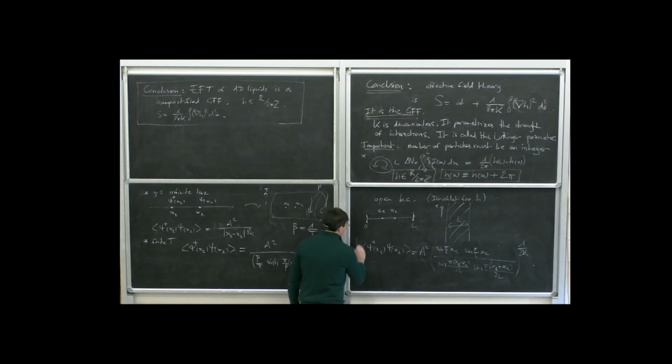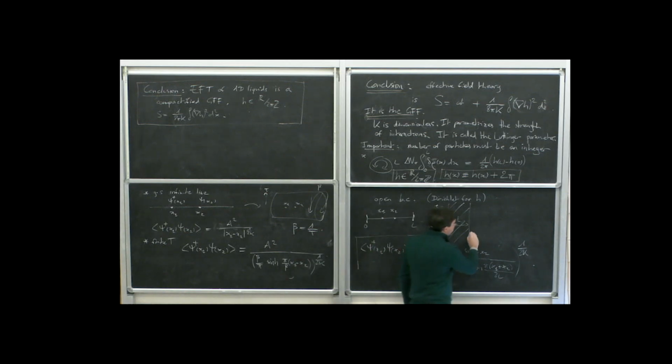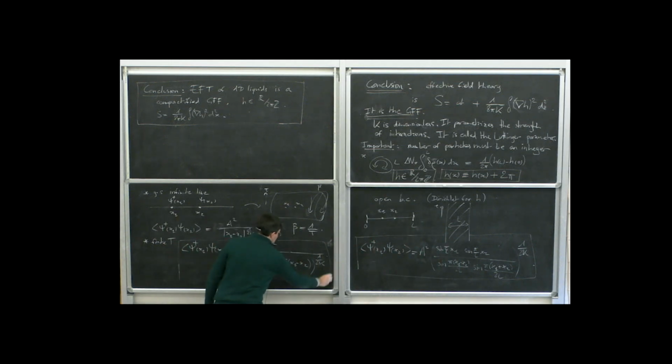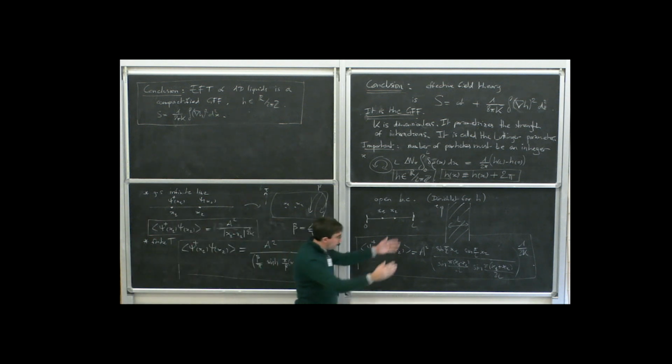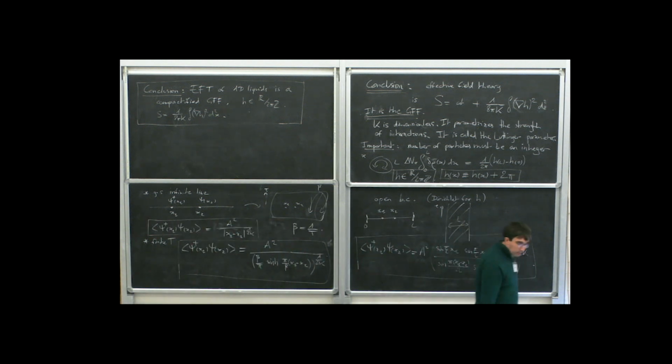It's not much work. Again, this particular formula is not necessarily super interesting, but it's good to know that it exists in case one day you want to compute correlation functions in the Luttinger liquid on a finite segment or at finite temperature. This is what it is.